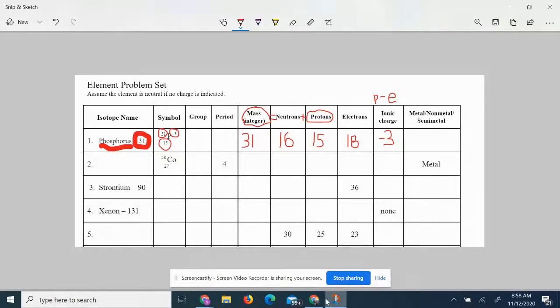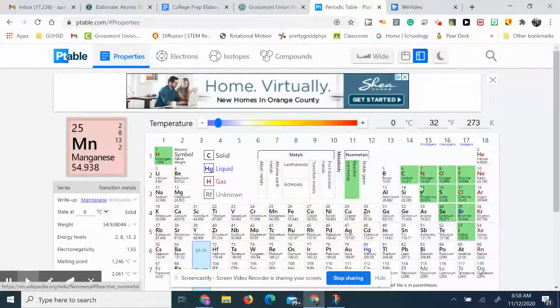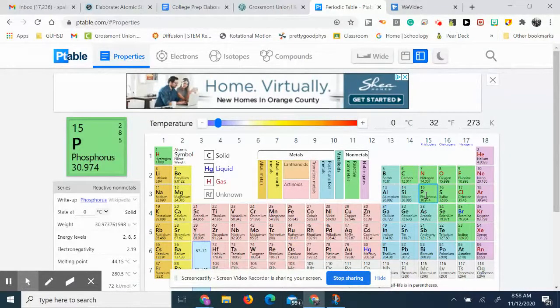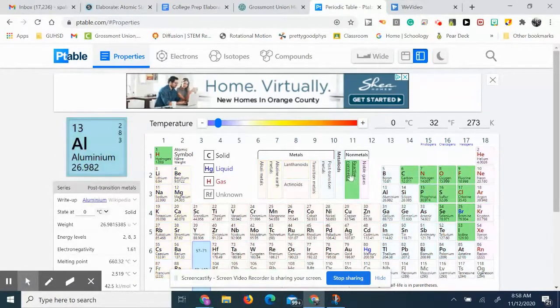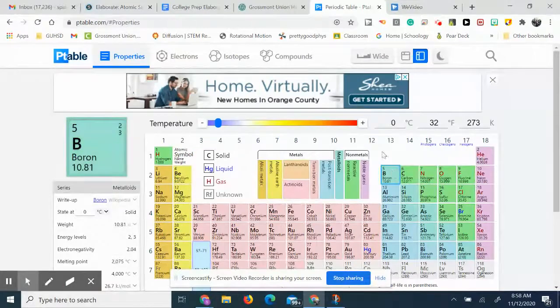Also, if I look at phosphorus, I'm going to find the group and the period and whether it's a metal or non-metal. When I look at phosphorus over here, it is in my non-metal category. This is my reactive nonmetals. It is in group 1A, 2A, 3A, 4A, 5A, or you can even see right here, it says group 15.